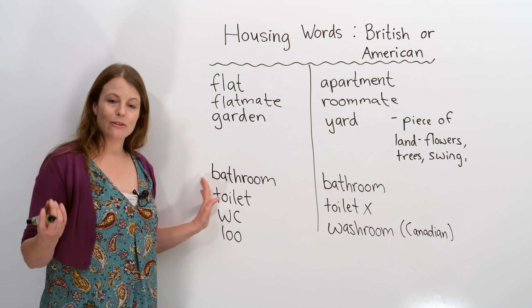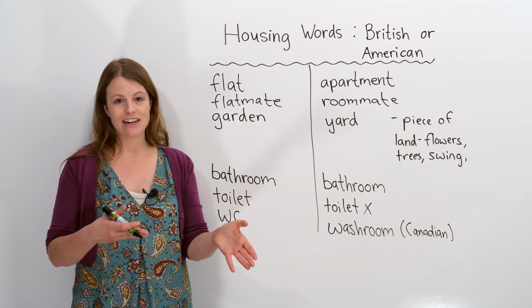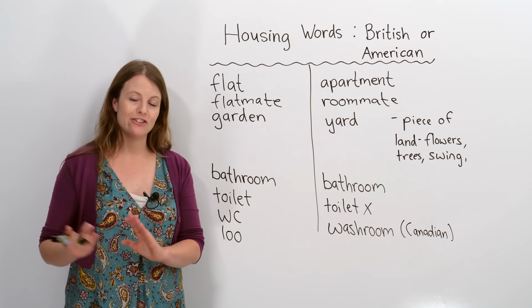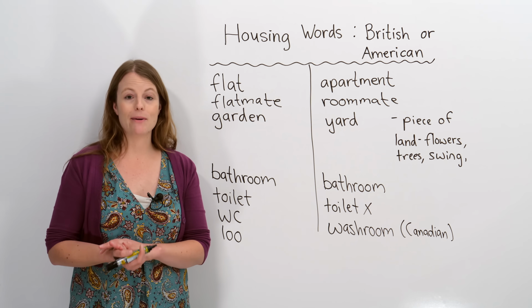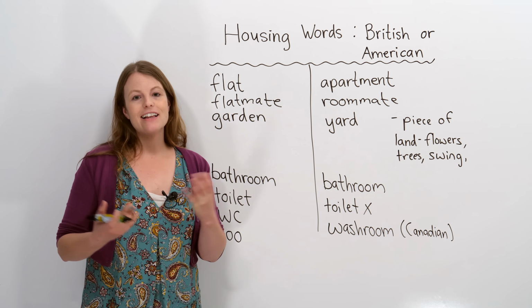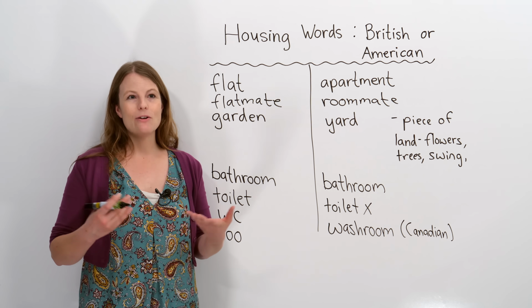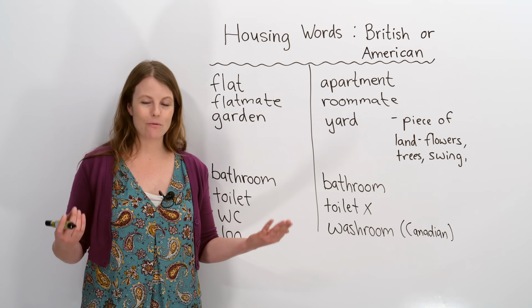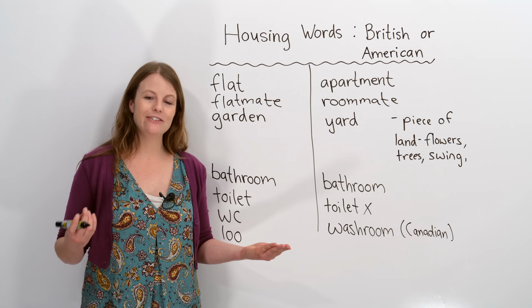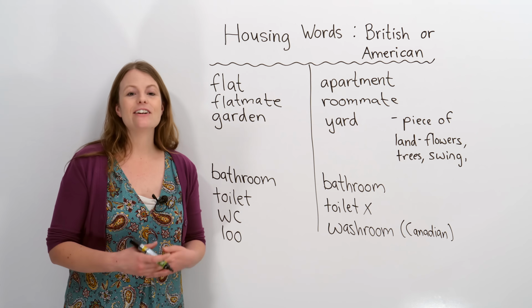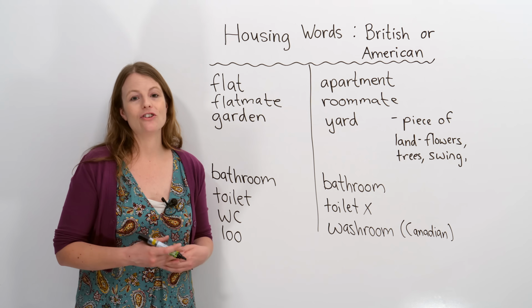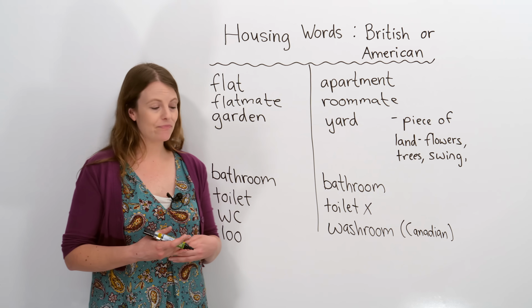Another difference you might find between North American English and British English are words we use to talk about the bathroom. Words about the bathroom are very important because whenever you go traveling, one thing that often happens is you need to find a bathroom. So it's important to know what words to use when you talk about the bathroom.